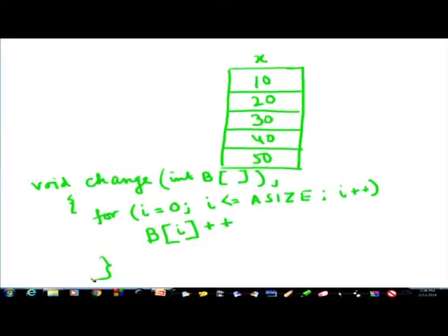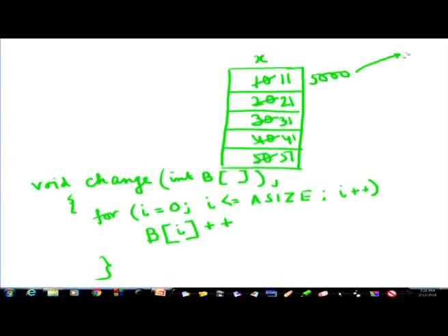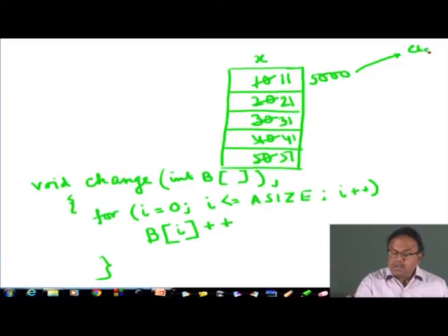Say this, what will happen? Inside this function change, I will take the first one, change it to 11, this one will be 21, this one will be 31, this one will be 41, this one will be 51, and when I return, I have made a change in B, but B and x are the same because this address 5000 was passed to the function change, and this B got 5000, and so whatever change has been done here will be reflected in the main function when I return.